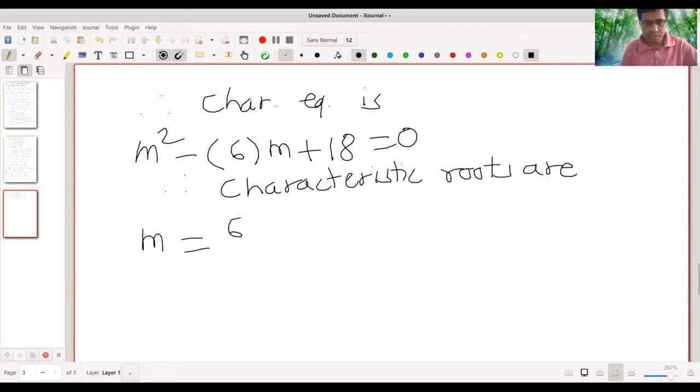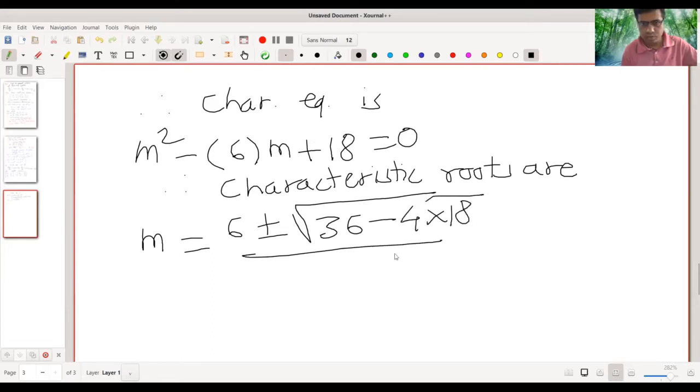M equal to 6 plus minus square root of 6 square, that is 36, minus 4 into 18, by 2, and simplifying this we get, so here we can take 4 outside, so that it is 3 plus minus square root of 9 minus 18, that is minus 9.